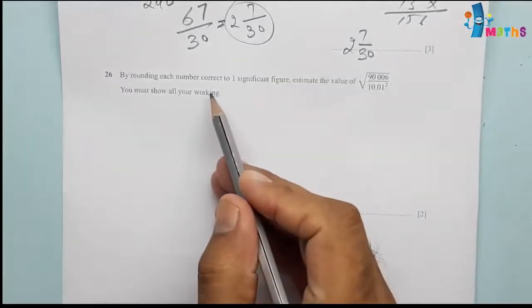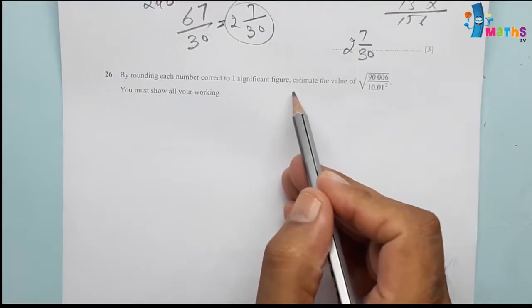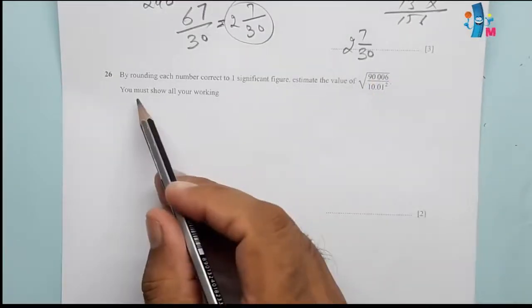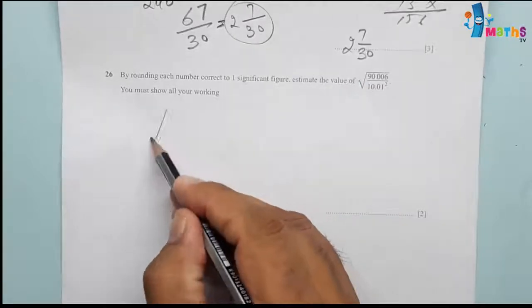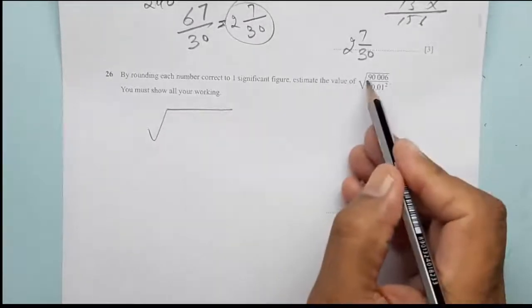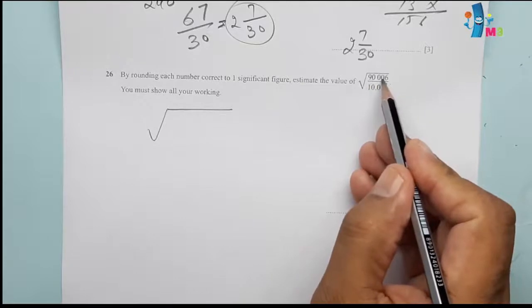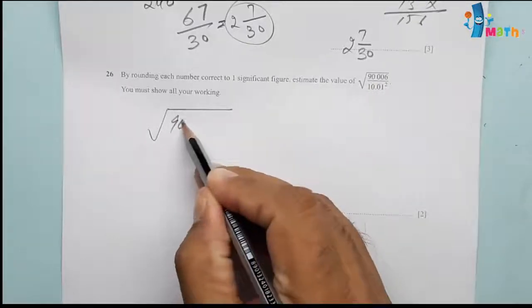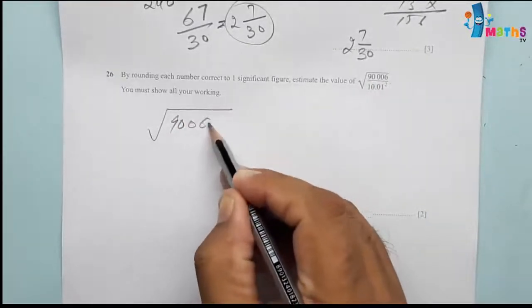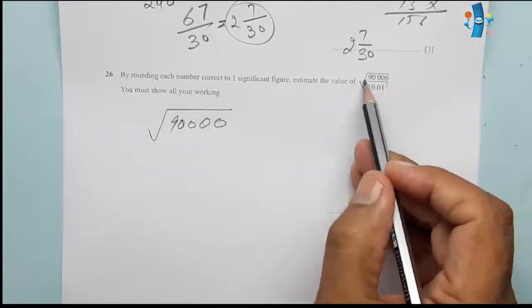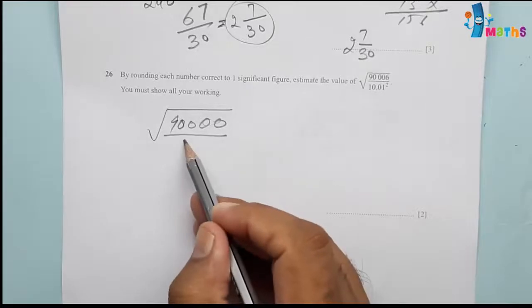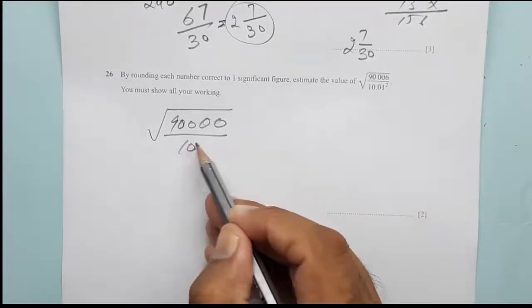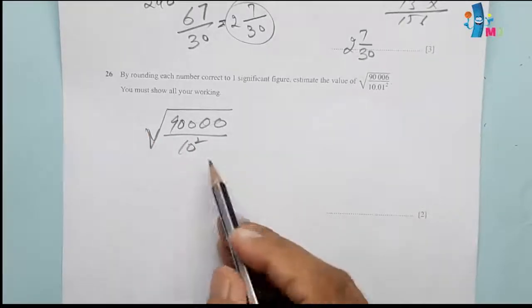By rounding each number correct to one significant figure, estimate the value of this. You must show all your working, like for example this one. If we round these numbers 2, 3 and 4, this will be rounded to 90,000 over, and this will be rounded to 10 squared.